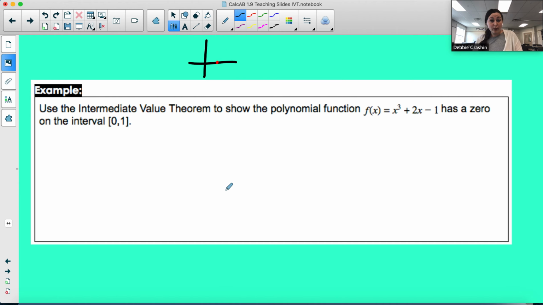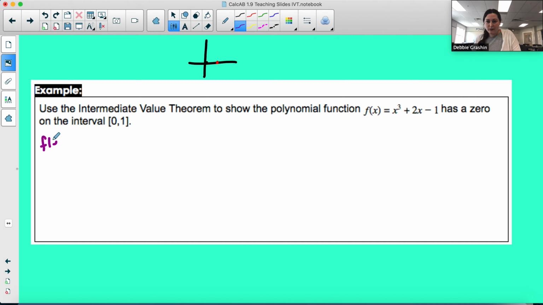If we can prove that between 0 and 1 the function goes from a positive number to a negative number, or vice versa, from a negative to a positive, then it has to pass 0 in between. So we're going to find the y value at 0 and the y value at 1, so that we can show that there has to be a value in between them.